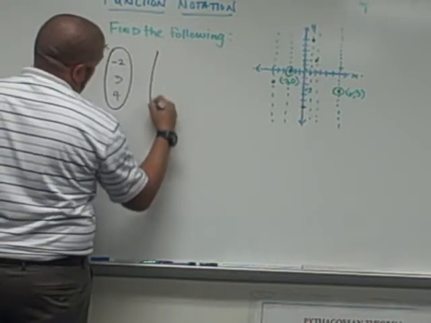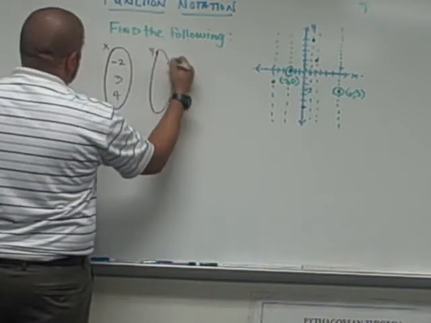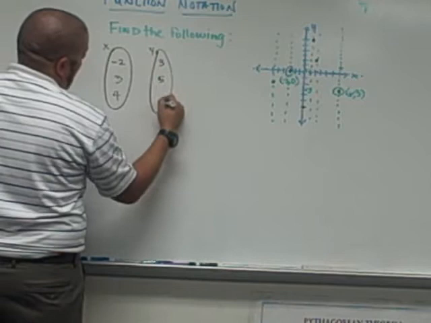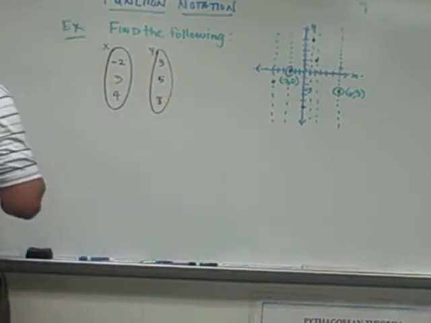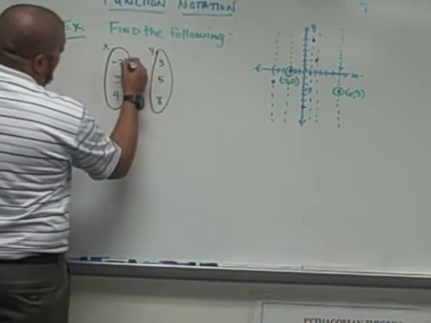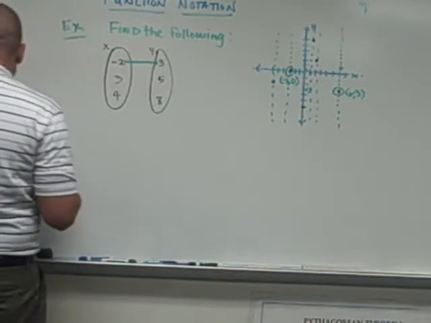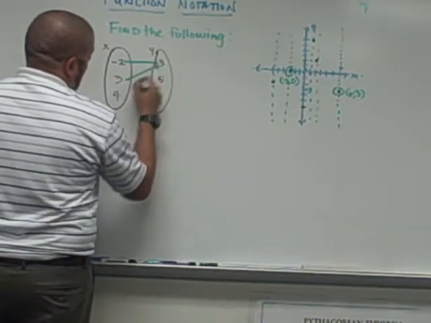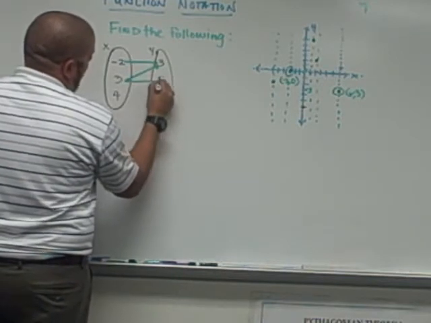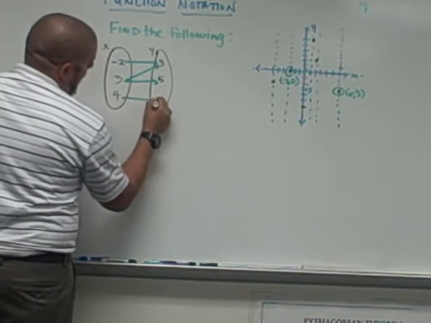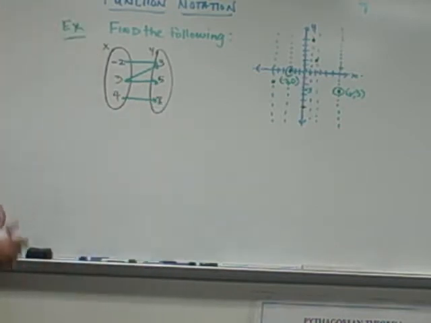Over here, I'm going to have my y values, and I'm going to have 3, 5, and 8. So I'm going to go ahead and connect my coordinates. -2 to 3. I have 3 to 3. I have 3 to 5. And I also have 4 to 8.